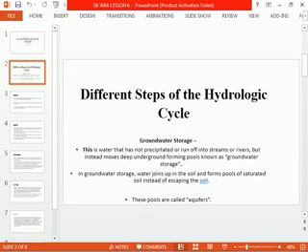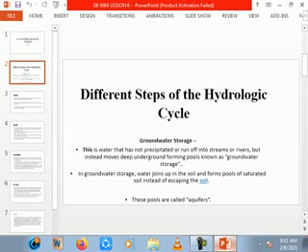This is just a continuation from where we stopped last time. So I'll start looking at groundwater storage. This is also another step of the hydrologic cycle. All these things are there in the picture that I sent to you about the hydrologic cycle. So here is an explanation on the groundwater storage.